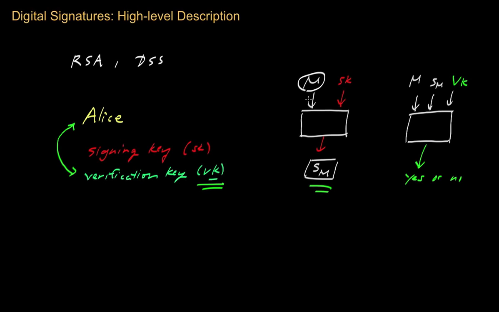If you change the message, you'll get a different signature. Now, in this sense, a digital signature is actually different from a traditional handwritten signature. Your handwritten signature probably more or less stays the same regardless of what it is you're signing. But your digital signature is very sensitive to what you're signing, and it will vary depending on what you sign. If you sign a different message, you'll get a different signature as an output.